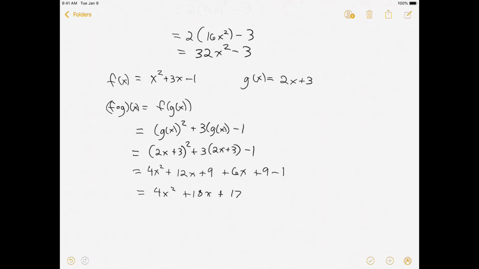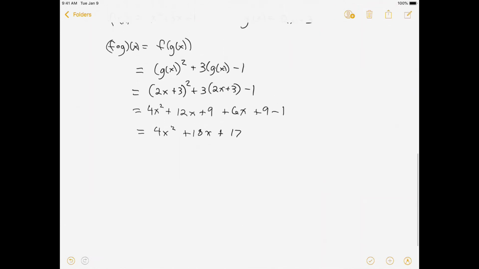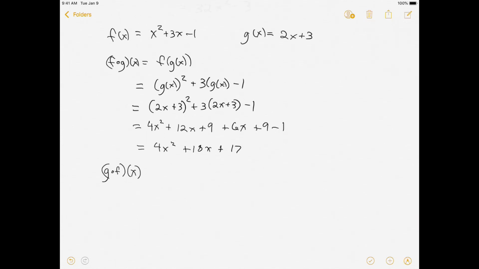Now, what about going the other way? What about g composed of f? Is that going to be the same thing? Well, let's look. Let's go ahead and do g composed of f. That is g of f of x. So that's 2 times f of x plus 3.